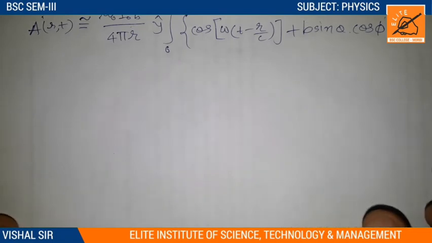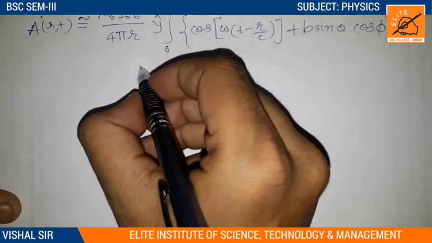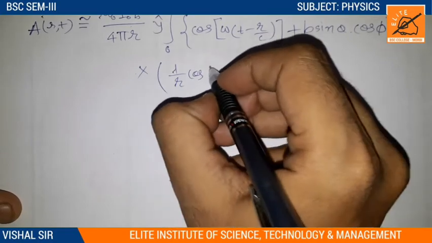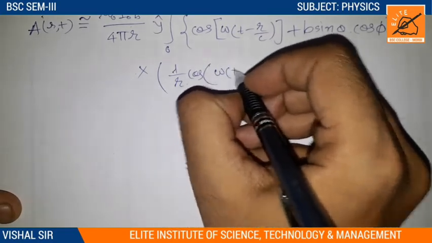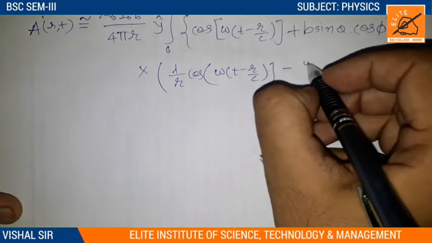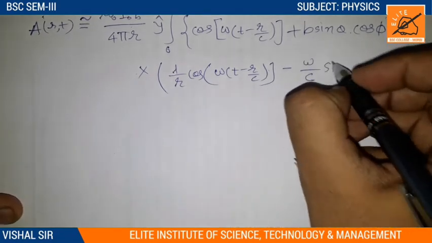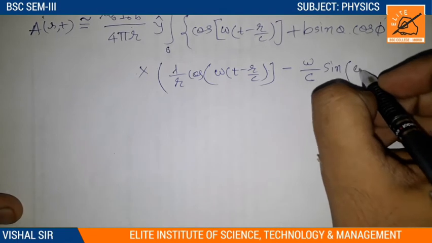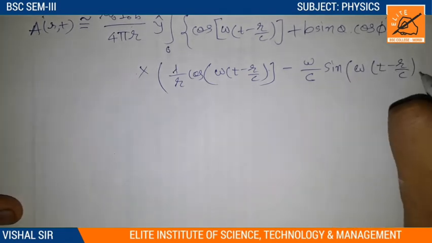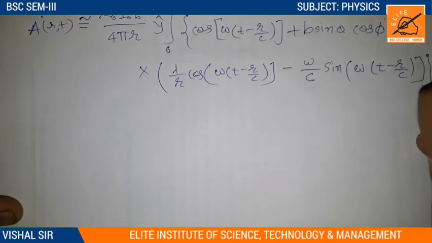Okay, now into 1 upon r cos omega t minus r upon c minus omega upon c into sin omega t minus r upon c into cos phi dash into d phi dash.